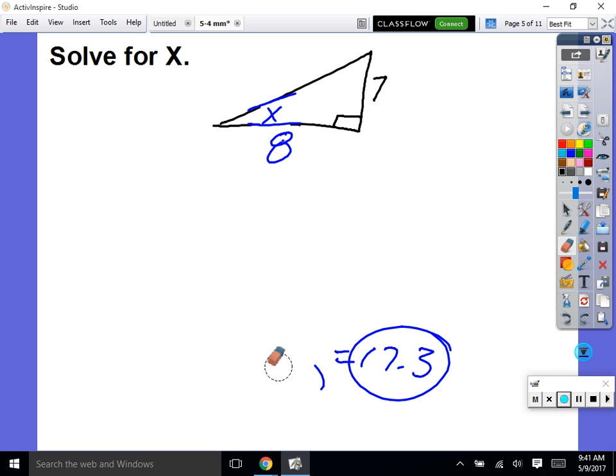In this one, isn't x my angle? So you're going to come up with a true statement and then put things where they belong. Set up a true statement, put in everything you know, and then solve for x using algebra.